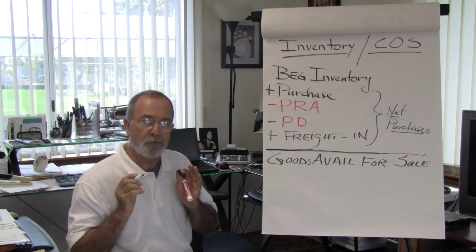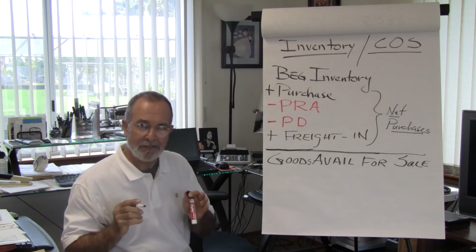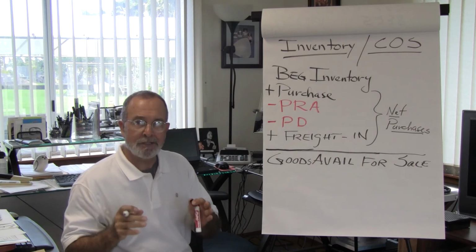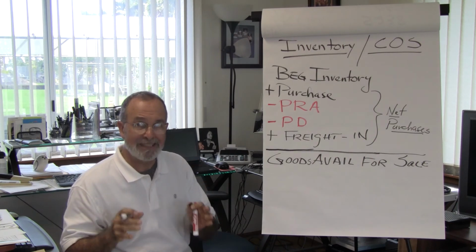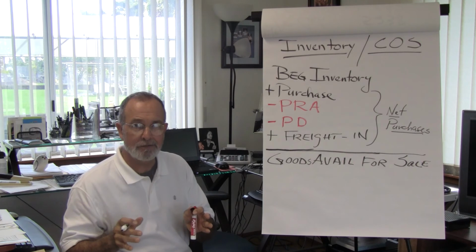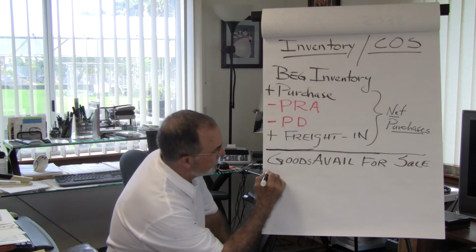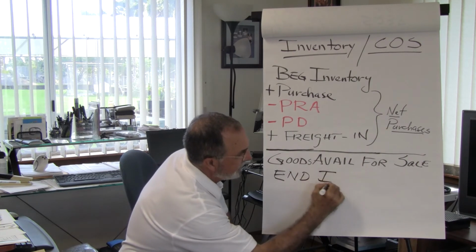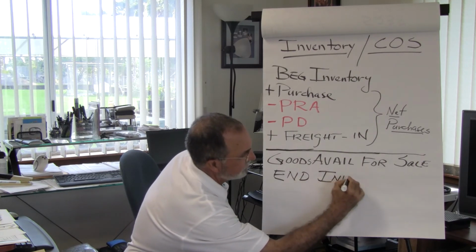if we were to take an inventory at the end of the year, take a physical inventory, that would provide us with a total of what we did not sell during the year. And so that would be our ending inventory.